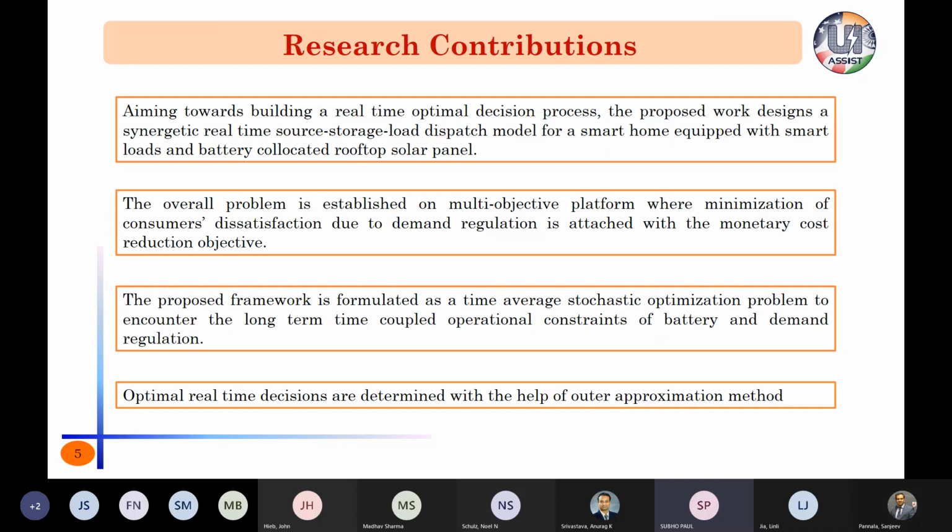As it is real time, to consider the long-term benefits, they have been modeled as a time-average stochastic optimization objective. Finally, the overall problem has been solved by the outer approximation method.